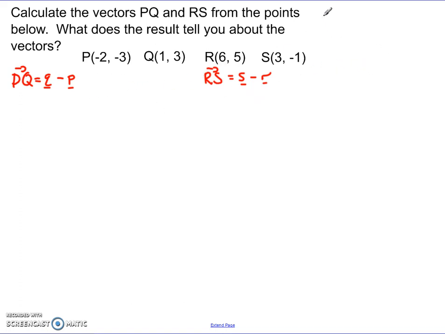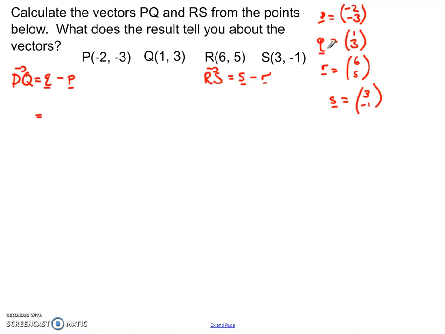I know that my P is going to be given by (-2, -3). I know that my Q is going to be given by the (1, 3) vector. I know that my R is going to be given by the (6, 5) vector. And I know my S is going to be given by (3, -1). So I've now got the four vectors I'll need. I can just substitute in and do them.